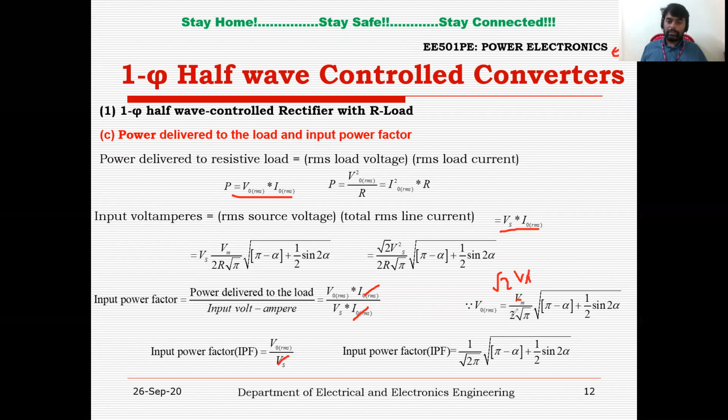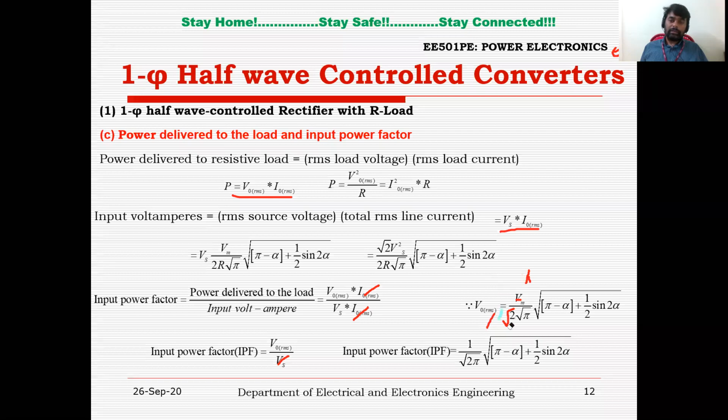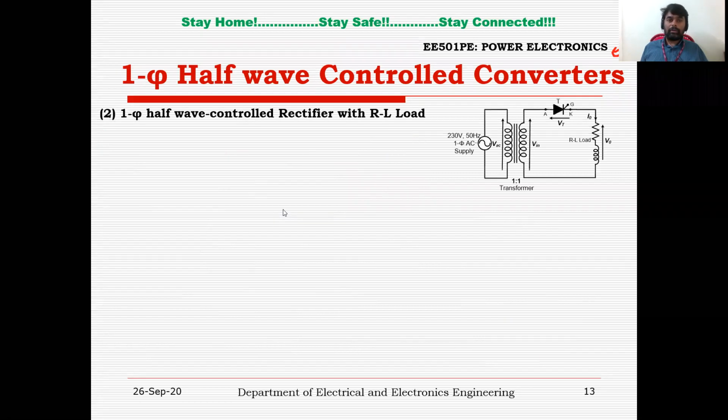So we are left with this root 2 here. Here I can write 2 into root 2 into root 2. This root 2 will get cancelled. So we are left with 1 by under root 2 pi, under root of pi minus alpha plus 1 by 2 sine 2 alpha. So this is the expression for the input power factor of this single phase half control converter with R load.